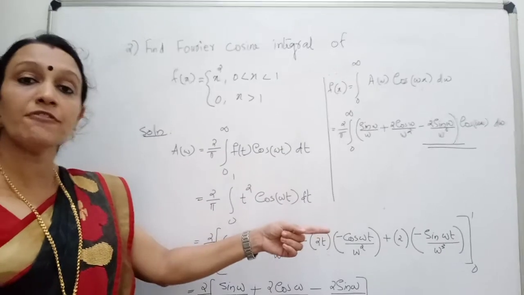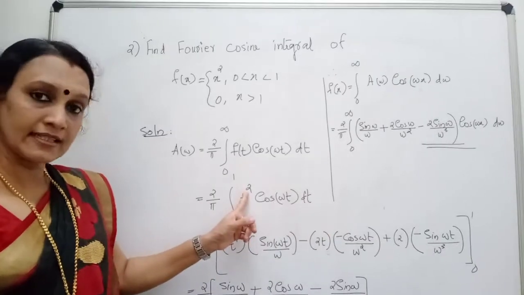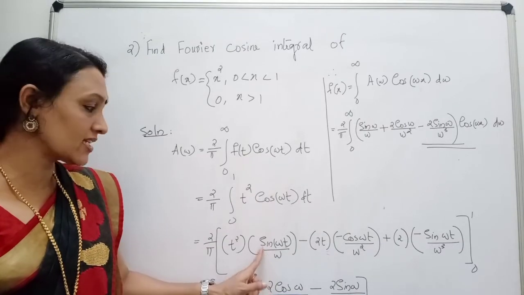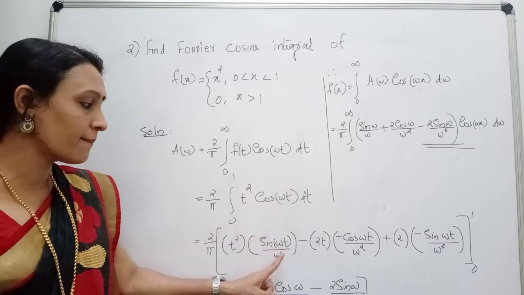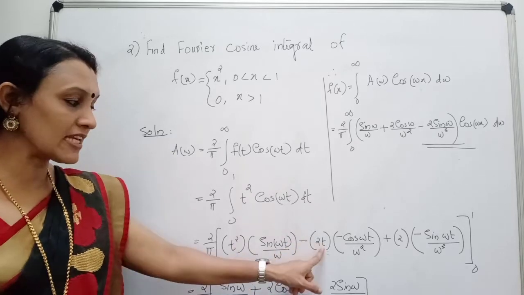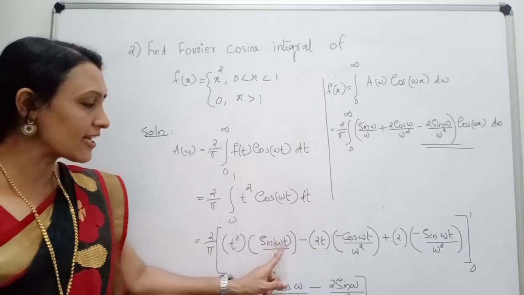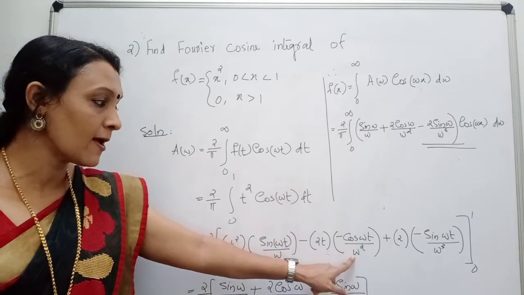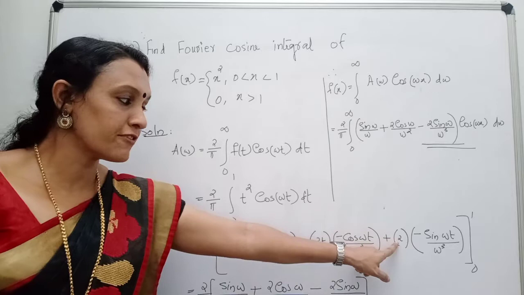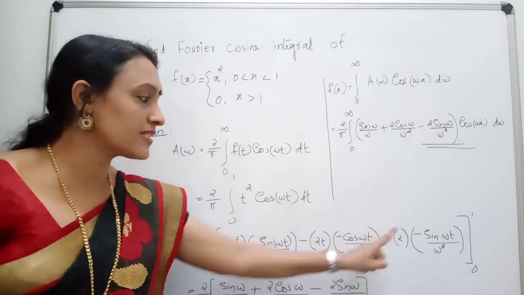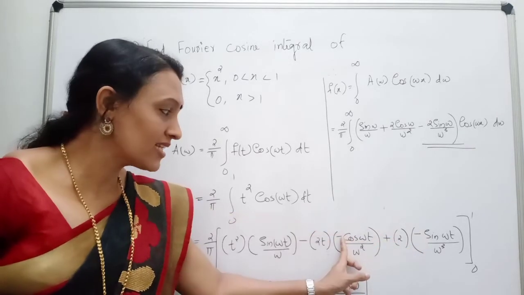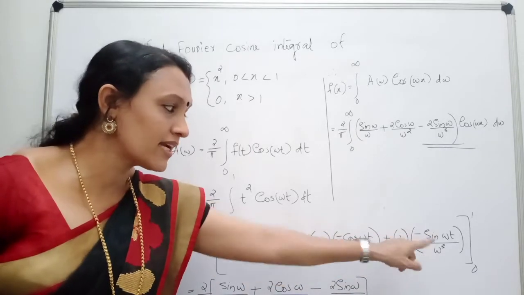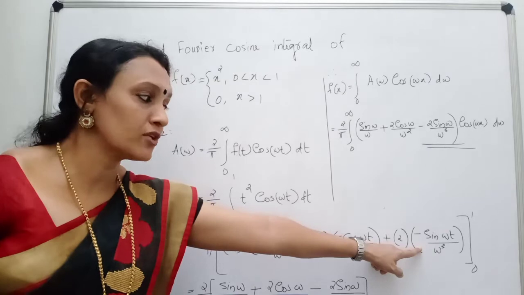So, t squared, the first function, times integral of second function, sine omega t by omega, minus derivative of t square, that is 2t, times integral of second function, minus cos omega t by omega square, plus derivative of first, that is 2, times integral of second, that is minus of sine omega t by omega square, with one more omega, therefore it is omega cube.